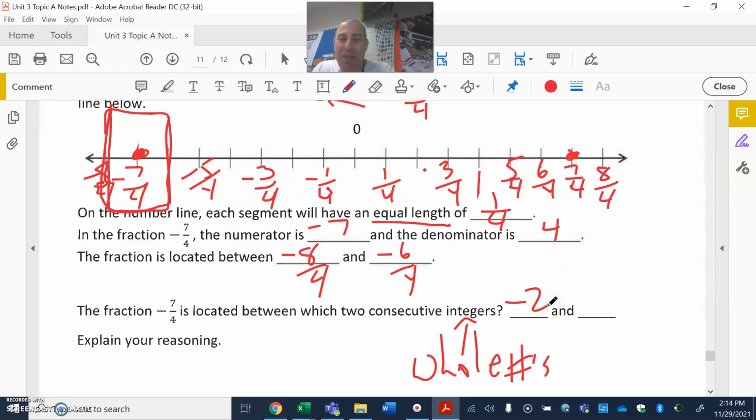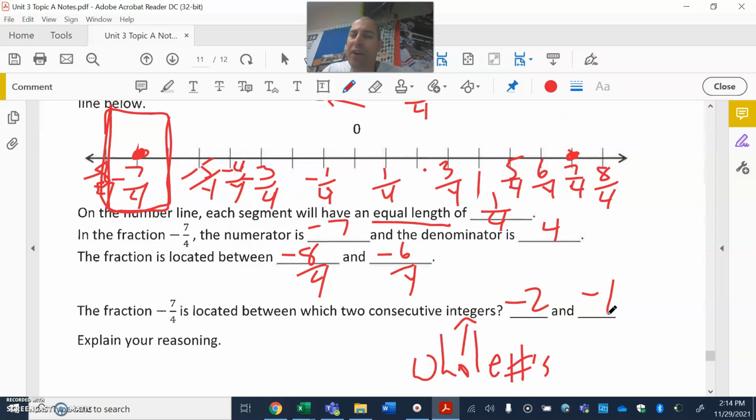And then if I go to the right, I'm going to have my negative 4/4. Well, what is 4/4 really? It's a 1. So negative 4/4, that's a negative 1. So yeah, they're located between the negative 2 and the negative 1. Explain your reasoning. Well, here I'm looking at my number line and my description along the way.